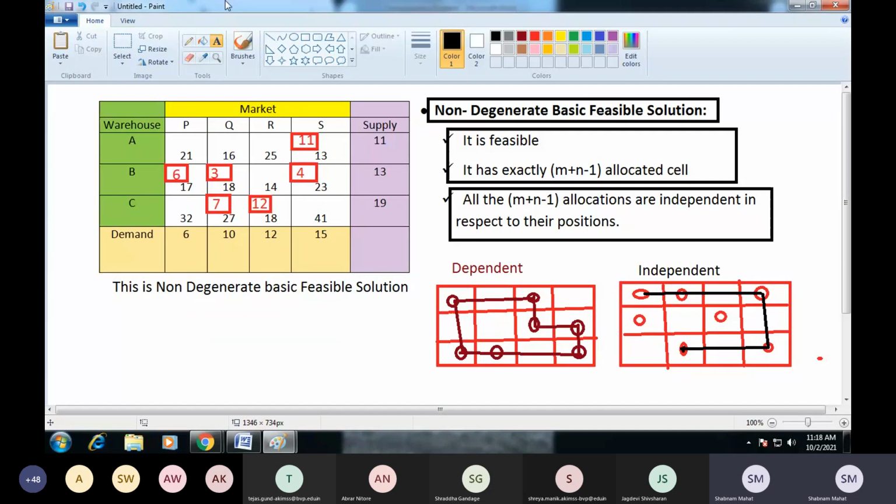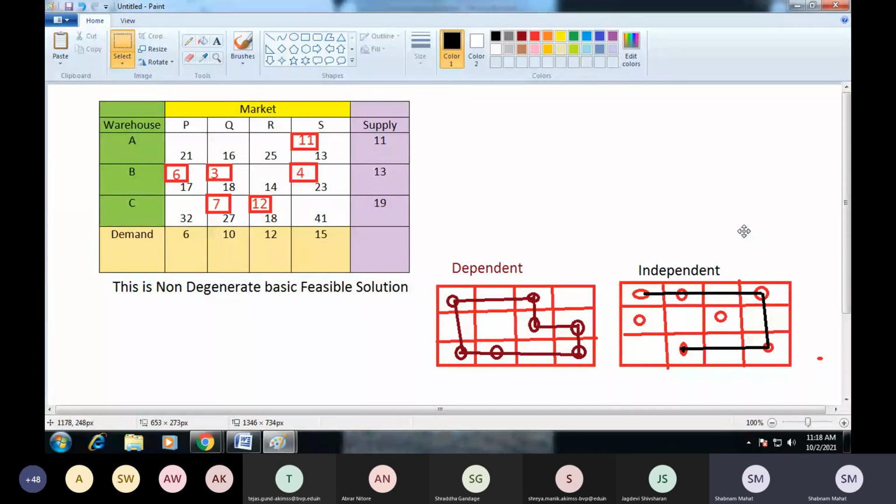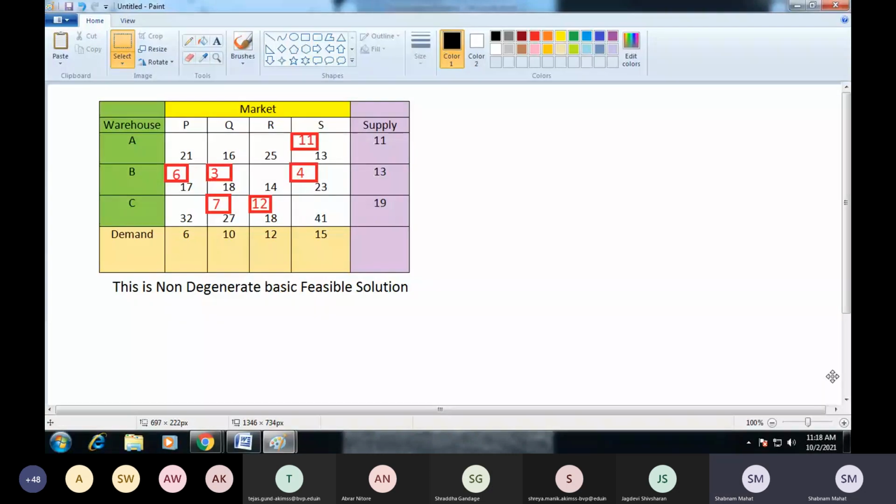Now try to find out our total transportation cost. I try to remove all such things which I already explained. So first of all, try to write the initial basic feasible solution which we obtained. Then we consider each cell as x.